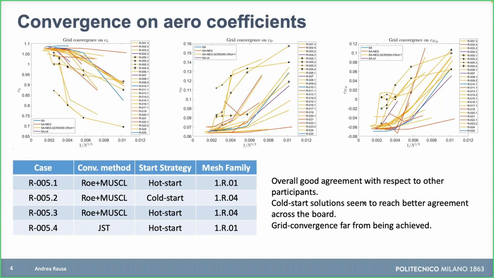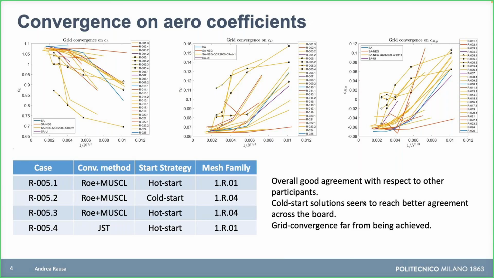So we can see they all converge to a value of around 1.06, 1.08. And in my cases, I have different outcomes for the CL and also for the CD and the CMY. For example, this curve here, which increases by a little bit, is R005.3, is this one here.